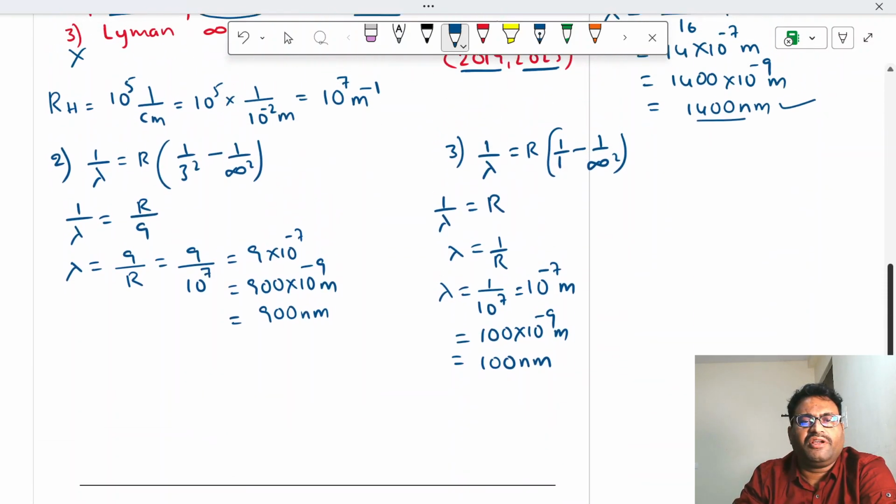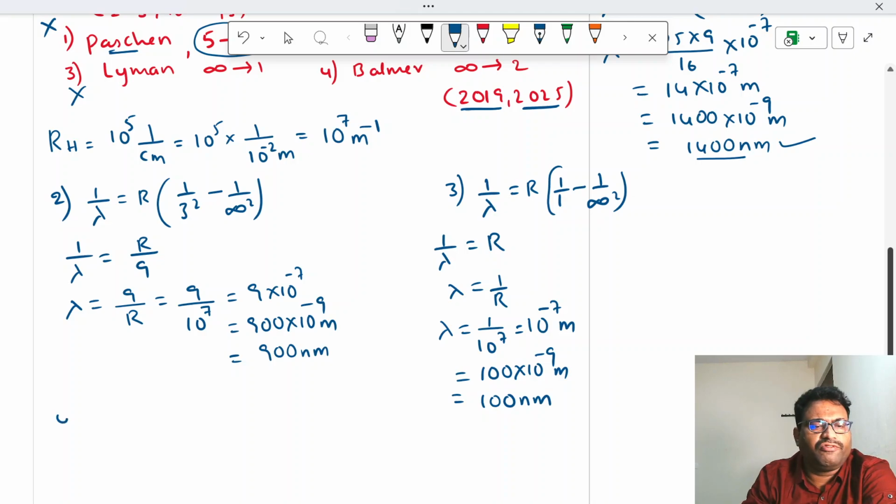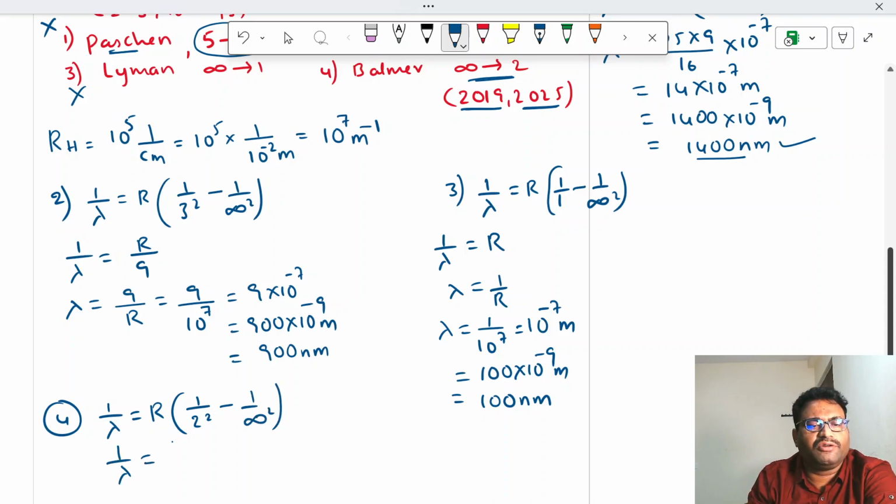Okay. Next, coming to the fourth option, Balmer series, infinity to 2. So 1 by lambda is equal to R into 1 by 2 square minus 1 by infinity square. 1 by lambda is equal to R by 4.